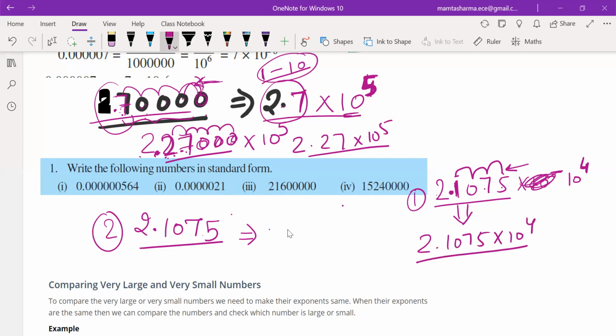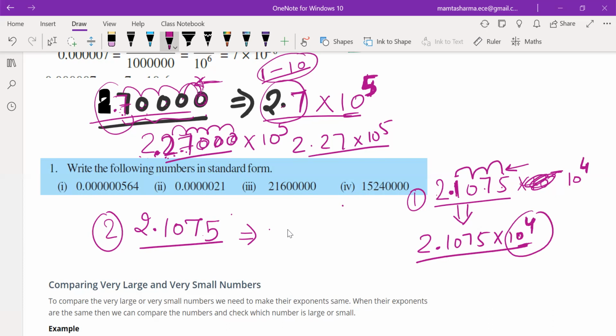Now you could see here there is no zero, and still we got the exponent 10 raised to power 4. We don't have to count only zeros. Count all the digits up to the second last digit, and then place that value in the exponent form.